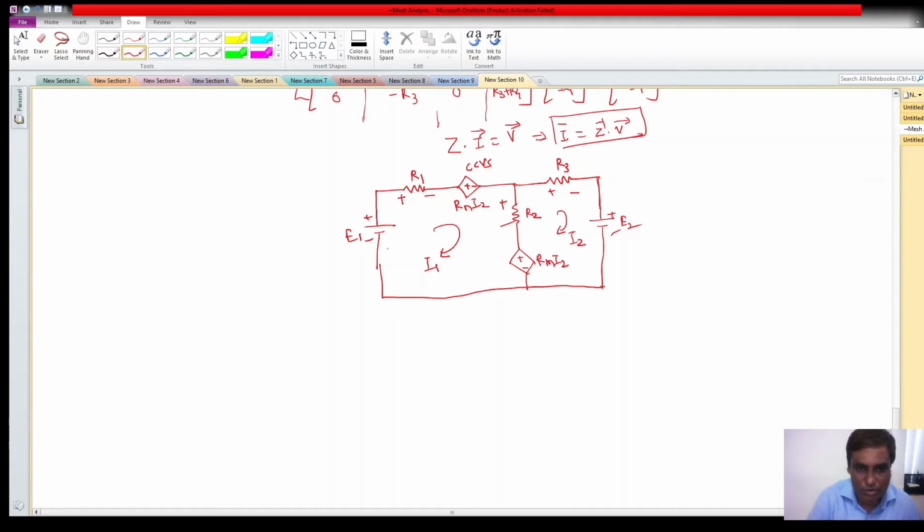Consider mesh 1. If I am going from here to here, there is a rise, so it is plus E1, then there is a drop, so minus R1 into I1.